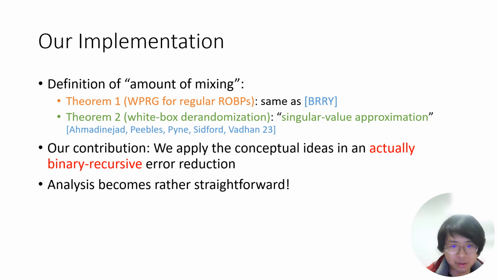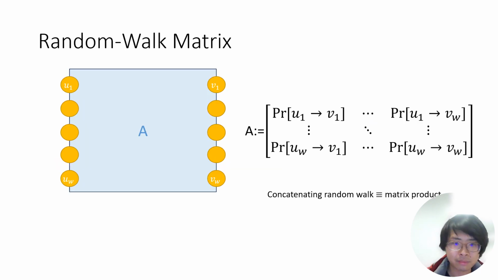The main contribution of our work is that we keep the same definition of the amount of mixing, but we instead apply the conceptual ideas in an alternative and actually binary recursive error reduction. So we don't need to force a binary recursive reduction onto something that is not originally binary recursive, and the analysis turns out to be rather straightforward.